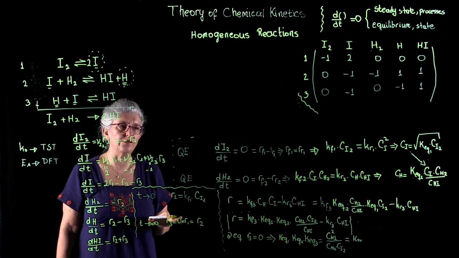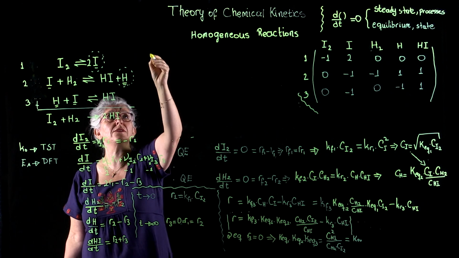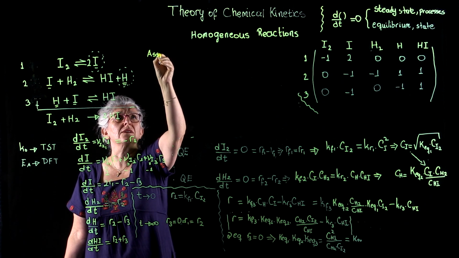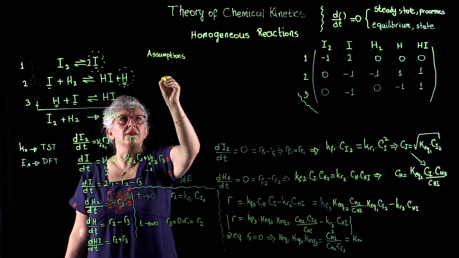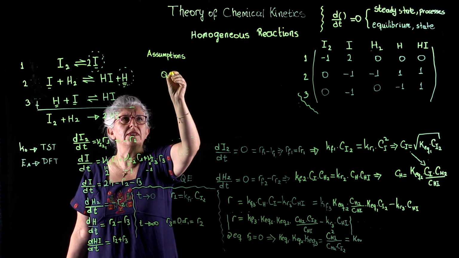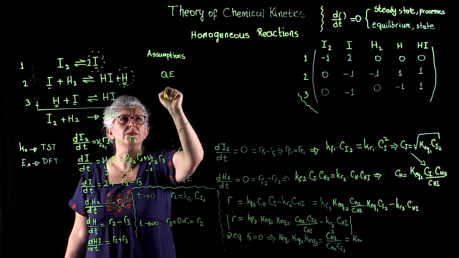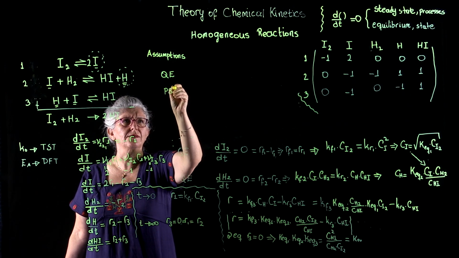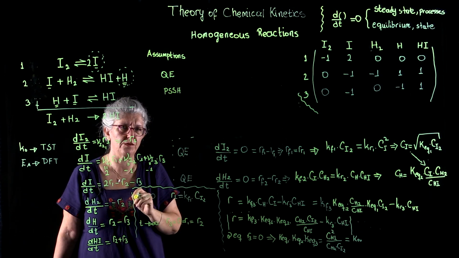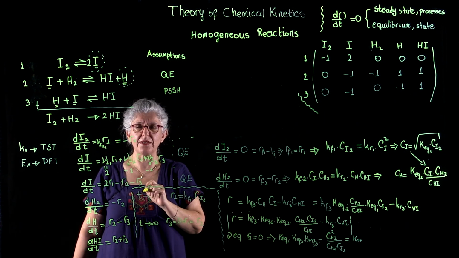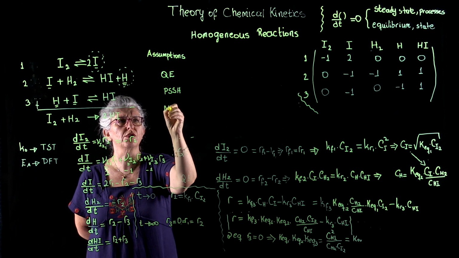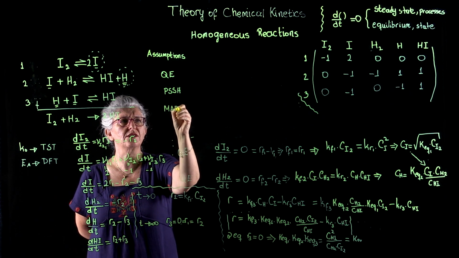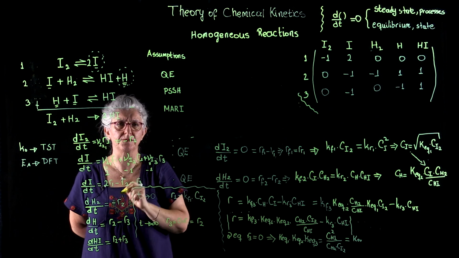So when deriving all these equations, we have made some assumptions. One was quasi-equilibrium, one was the pseudo-steady state hypothesis. There is a similar assumption for the surface reactions. It is called the most abundant reaction intermediate.